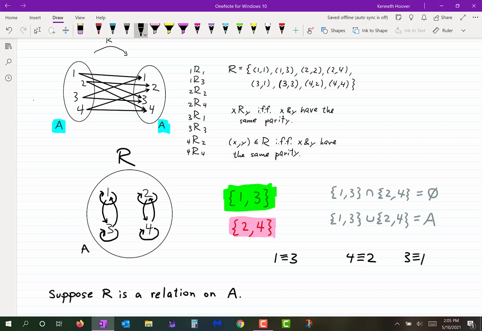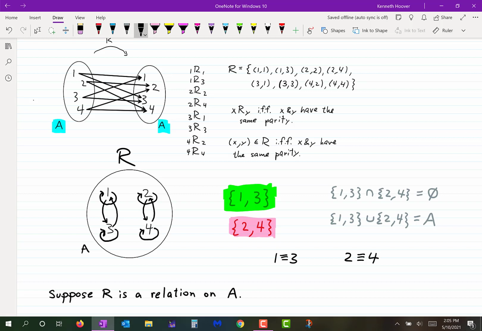It's unnecessary to say 3 is equivalent to 1 because I know equivalence relations are symmetric. So when I said 1 is equivalent to 3, I was automatically saying also 3 is equivalent to 1. So it's not necessary to say that separately.